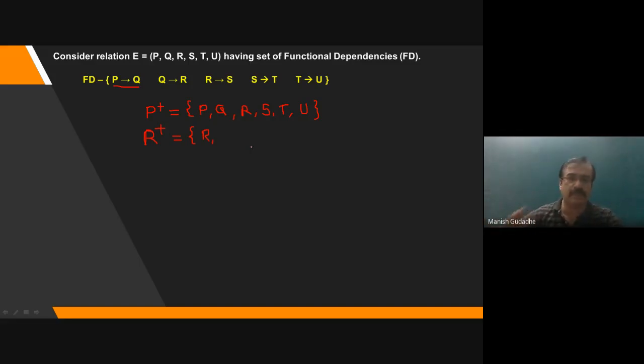The key can determine itself. So R can determine S. S in turn can determine T, and T in turn can determine U. So this will be the attribute closure for R, that is R plus.